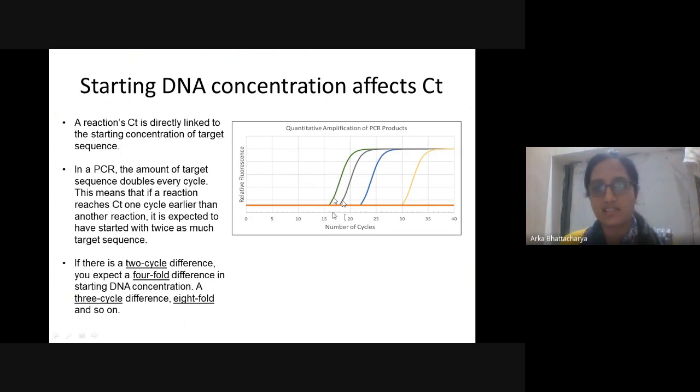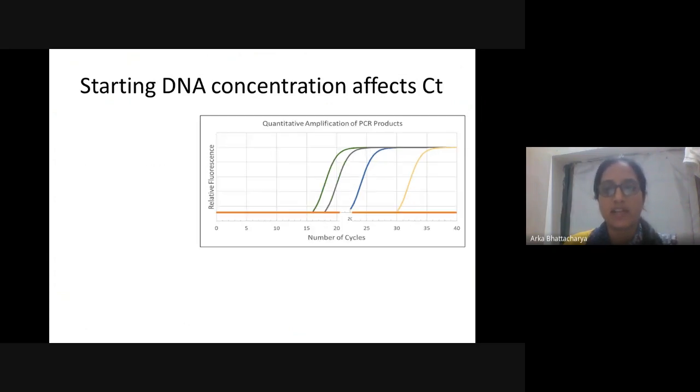So at 16 green is going up, and then at 18 the tube with the gray sample is going up. If there is a 2 cycle difference, you can expect a 4-fold difference in the starting DNA concentration. With the number of cycles, it goes 2 raised to the power n.